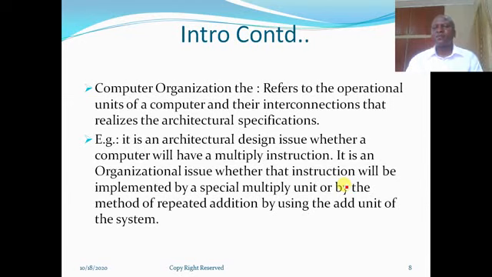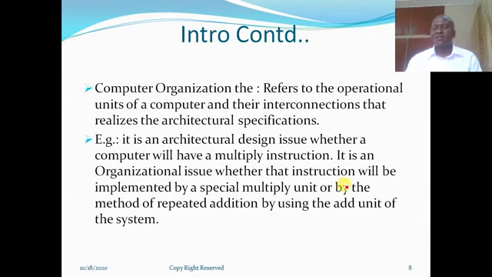So when computer architects want to design a computer system, especially the microprocessor, in the process of determining whether or not that particular microprocessor will have a multiply or a divide instruction, it is an organizational issue whether that particular instruction, the multiply or the divide instruction, will be implemented by a special multiply unit or by the method of repeated addition by simply using the add unit of the system.